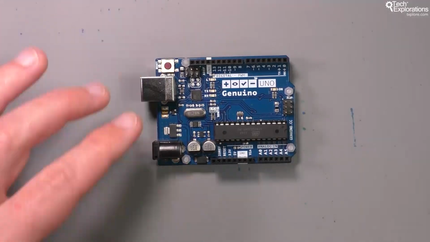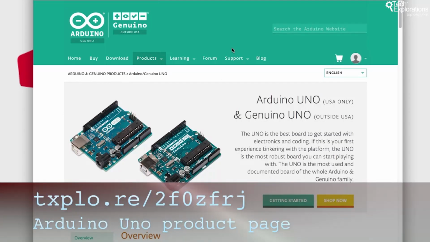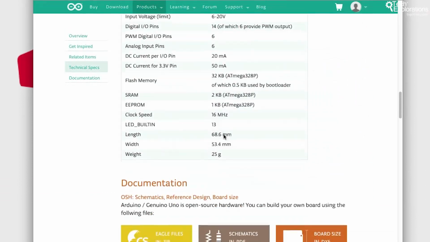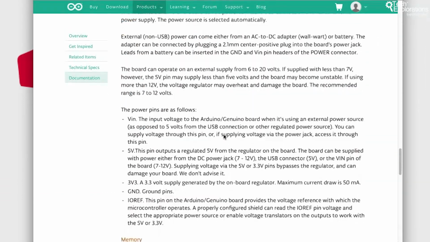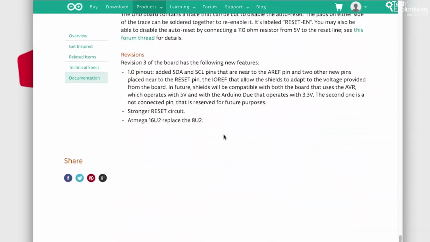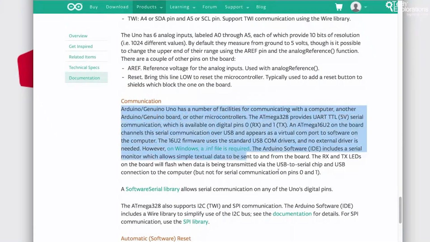Let's have a look at the product page of the Arduino Uno on the Arduino website. So looking at the product page, I'm just going to skip all of the bits and pieces at the top part of the page and scroll down, because what I'm looking for in this lecture specifically is communications. So there you go, there's communications.